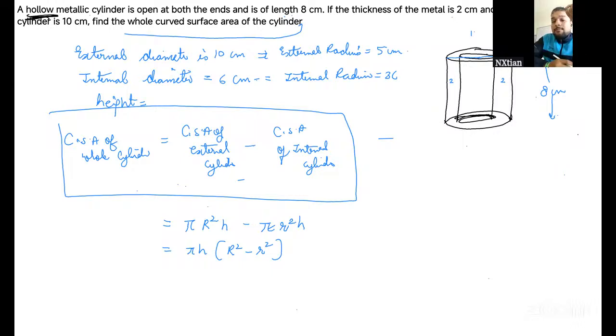You have to subtract the external minus internal, so that you can get the CSA of the whole cylinder. Oh, okay, got it. Because of the thickness we are doing this. If thickness is not there, if it is a normal cylinder, then it's easy, but we have to do it because of thickness. Okay, got it.